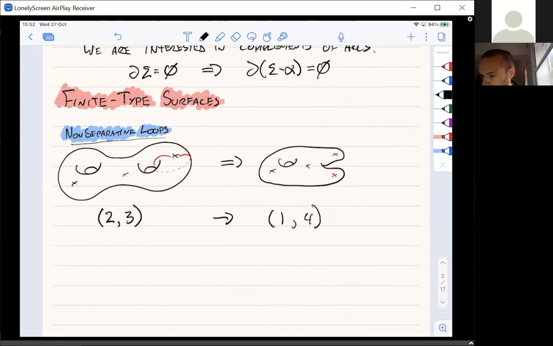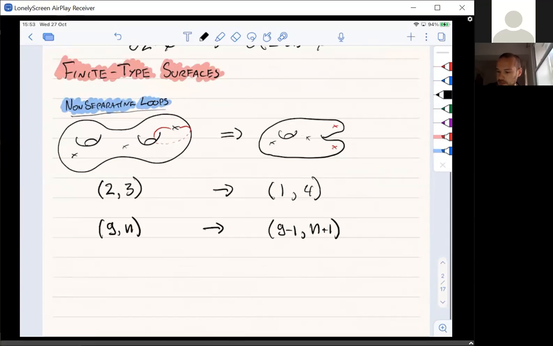So the general rule here is that a genus g surface with n ends, n punctures, goes to a genus g minus 1 surface with n plus 1 punctures. So that's the rule, and the story to remember this going forward is as follows.